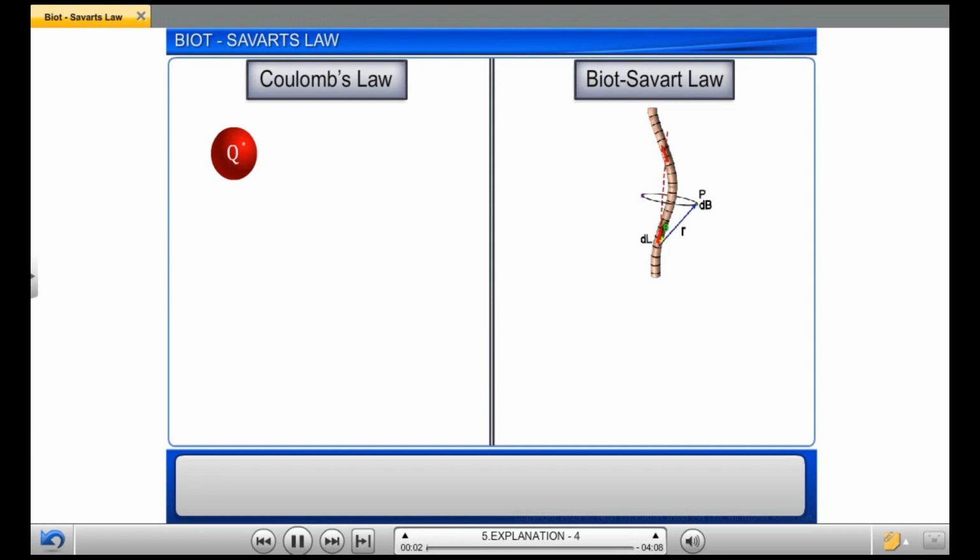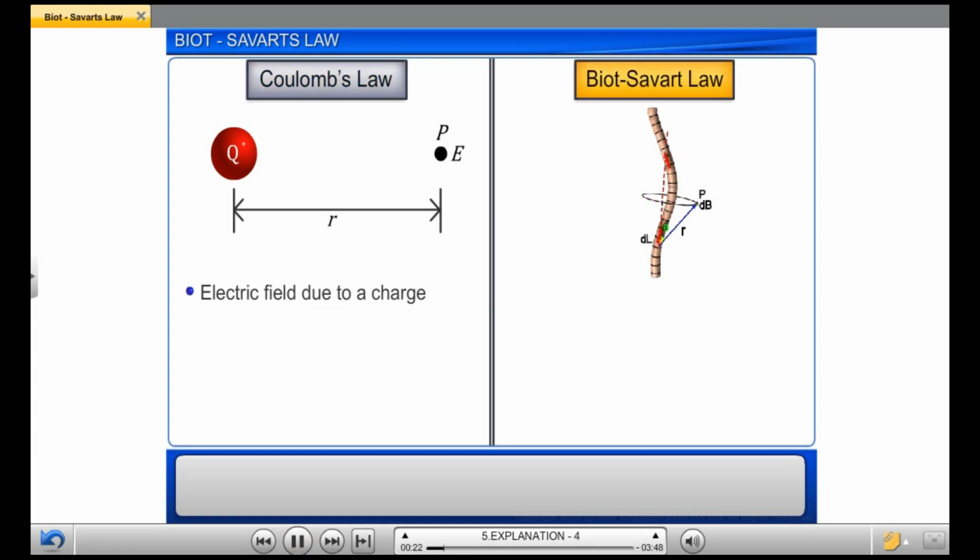Now, let us compare the Biot-Savart law with Coulomb's law. Coulomb's law gives the electric field due to a charge at a distance r from the charge, where the source of the electric field is the charge.